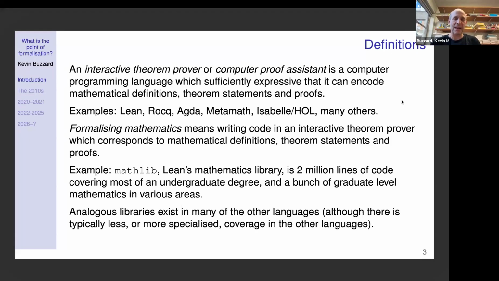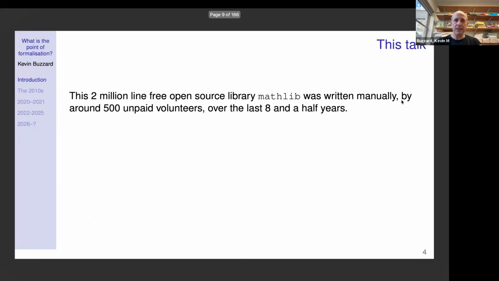Agda has a mathematics library which is hugely focused on infinity groupoids, because if you like Agda, then you like infinity groupoids, and if you like infinity groupoids, then you like Agda. So Agda has a lot more about infinity groupoids than Lean, but it doesn't have quadratic reciprocity or something like that.